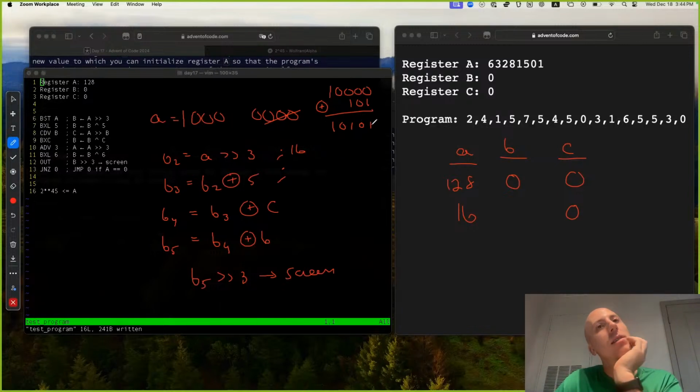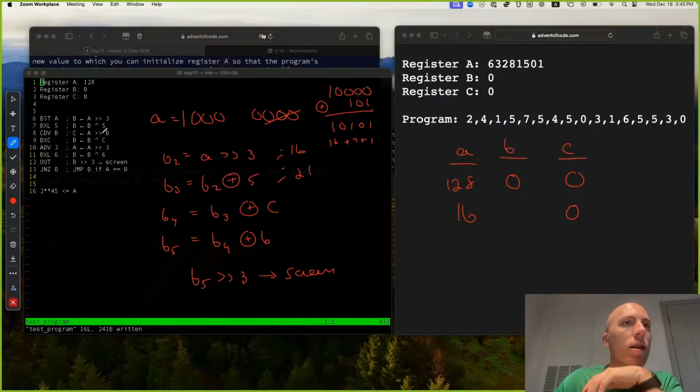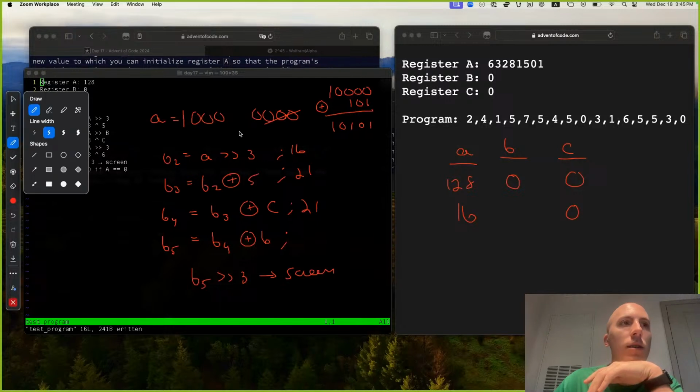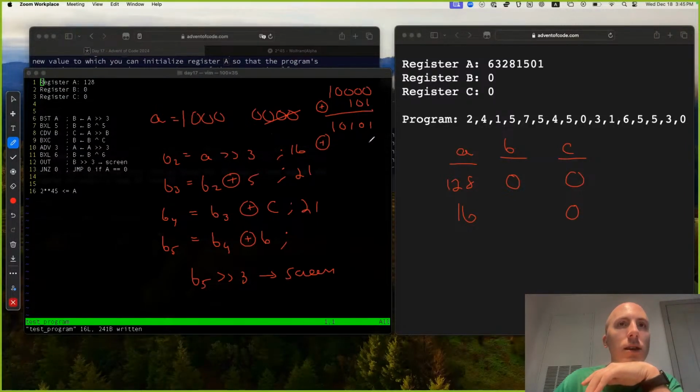It seems kind of weird. 2 to the 0, 2 to the 1, plus 4, 2 to the 2, 2 to the 3, 2 to the 4, 16. So it looks like this is 21. And then B ended with C, XORed with C. This is just still going to be 21. And then XORed with 6. So we have 10101. Let's XOR it with 6.